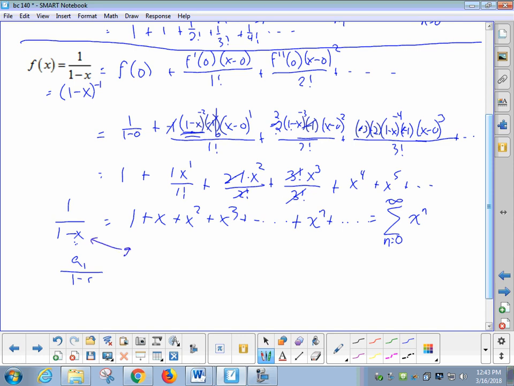This is geometric with an a of 1 and a common ratio of x, and if you took 1 and multiplied by x over and over again, wouldn't you get this? And it's true, but it is true only if r, which is x, is less than 1 in absolute value. It's only true in an interval of convergence from -1 to 1. Now that's all for later, but that's a good start.